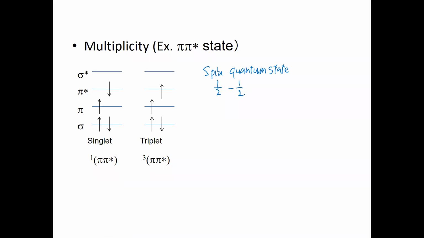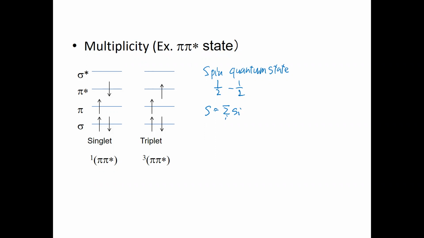Right? The total spin quantum number for each molecule is the summation of each electron's spin state.